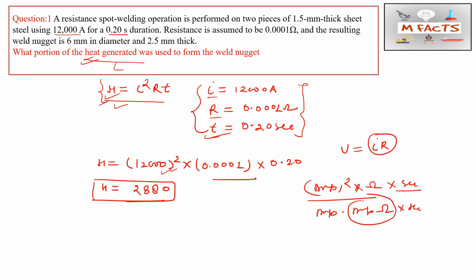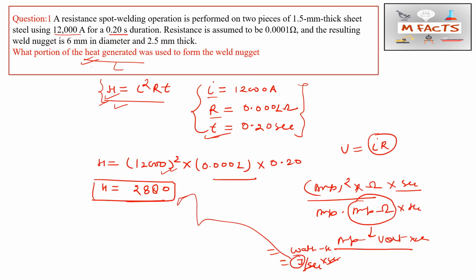So ampere times ohm will give volt, and this will give ampere volt multiplied by second. So ampere volt is basically watt, watt second, and watt is basically joule per second multiplied by second. So second gets cancelled, so the unit for this H is joule.